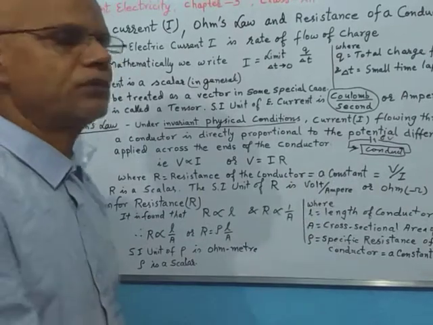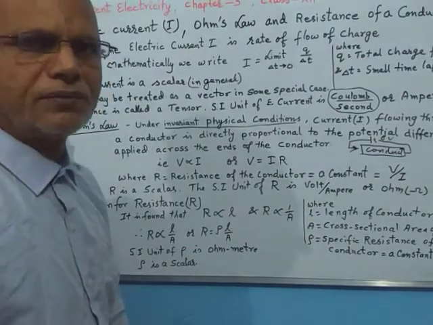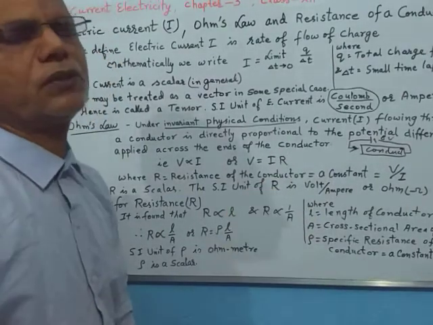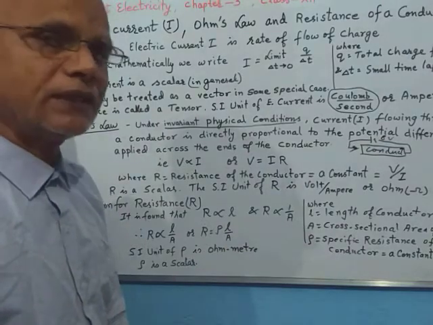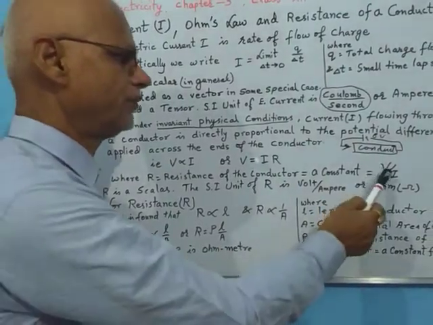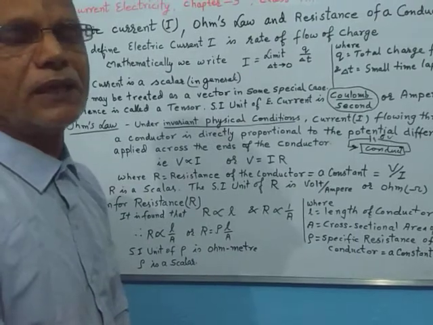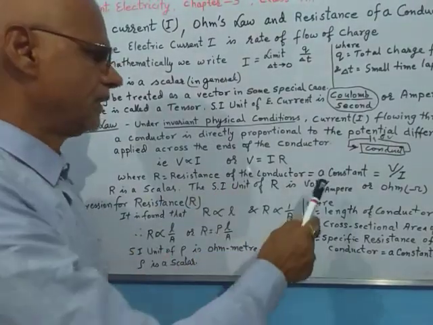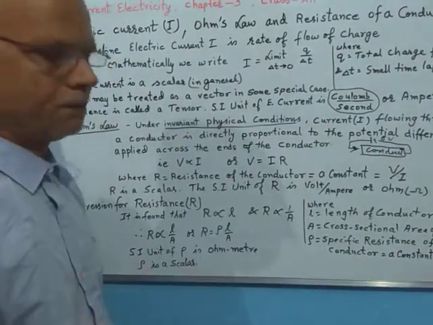If potential difference is reduced to half of the previous value, current will also reduce to half of the previous value, so the ratio V upon I always remains the same. That means the resistance of the conductor remains the same.